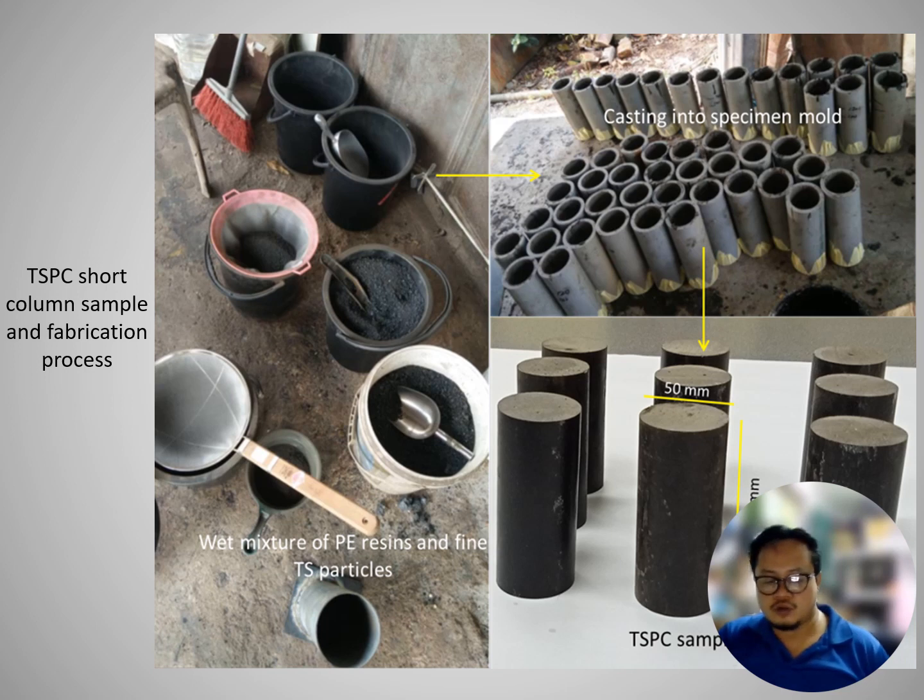Right now, most of the tin slag has been applied in the fabrication of a short circular column sample, which is known as a circular tin slag polymer concrete short column specimen. The specimen has been through a series of mechanical testing to investigate its potential.